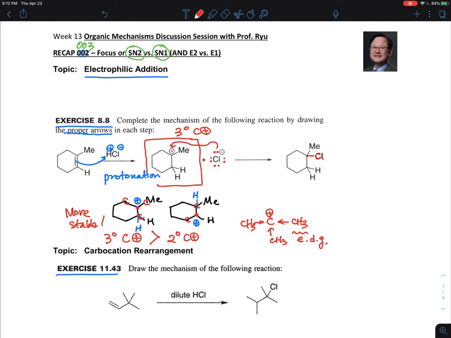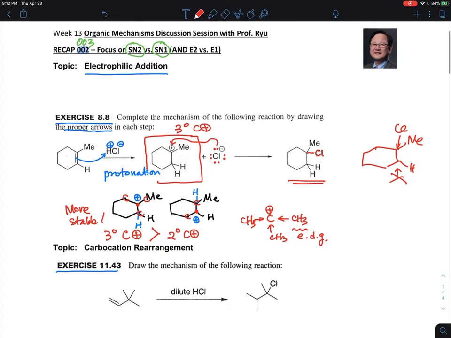The question is which way the chlorine will form, and you find out chlorine likes to bond here, not to the other side. So that's what this problem is about.